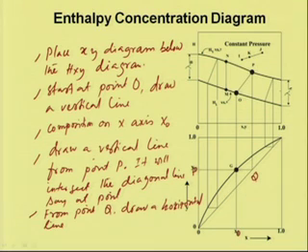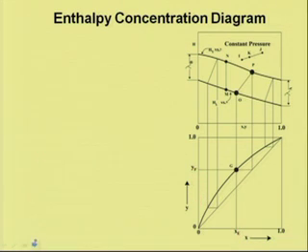Similarly, if we have other tie lines, in a similar way we can plot and we will obtain the equilibrium curve. Similarly, if we have the equilibrium curve, we can do it in the reverse direction.